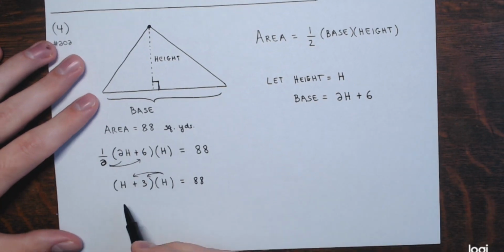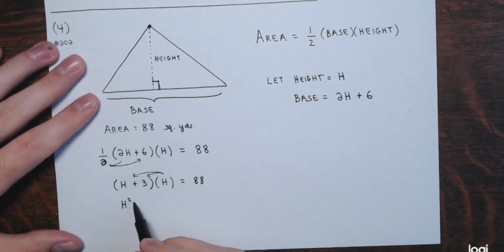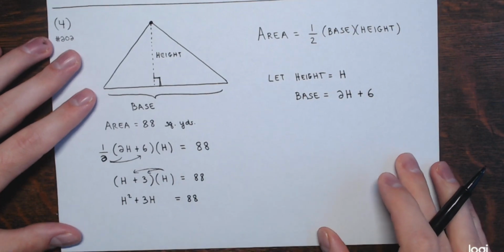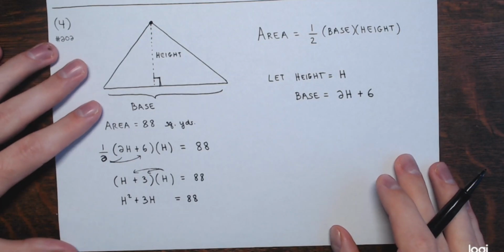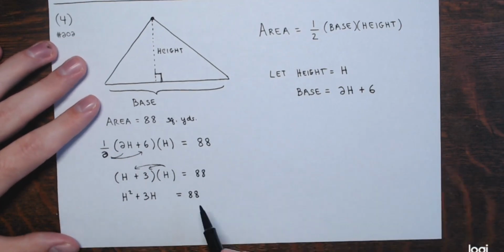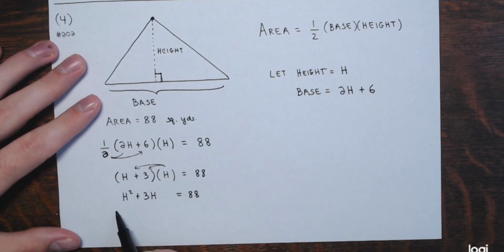We get h squared plus 3h equals 88. We can do the complete the square thing again, but I see how this can be easily solved by factoring. Watch this. I'm going to subtract 88, and we have h squared plus 3h minus 88 equals 0.